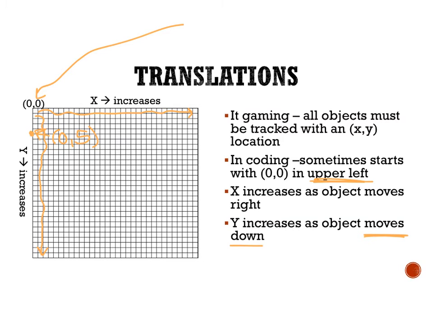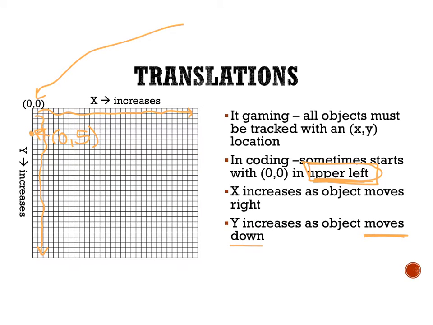So it's a little bit backwards from what you expect, but it makes it a little bit easier. You know, 0, 0 is that upper left-hand corner, and then you're dealing with all positive integers as you move to different coordinate locations. So keeping that in mind as we start game design, this upper left-hand corner for 0, 0 is what you will see most commonly.